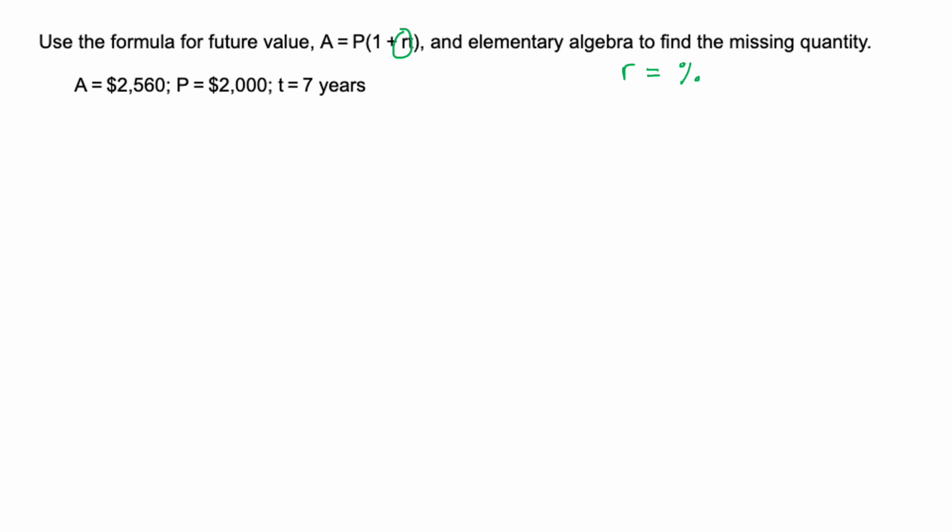We'll take the formula A equals P times 1 plus RT, and we'll simply plug in everything that we're given. A is 2,560 equals P, which is 2,000, times 1 plus R, we don't know that value, so we'll just write in R, times T, which is 7.